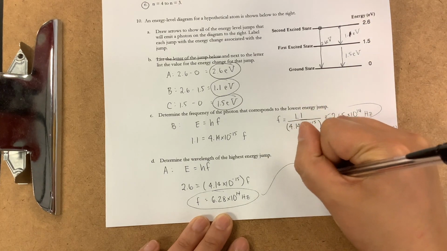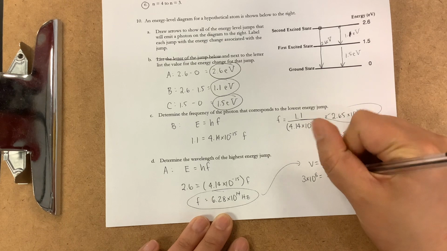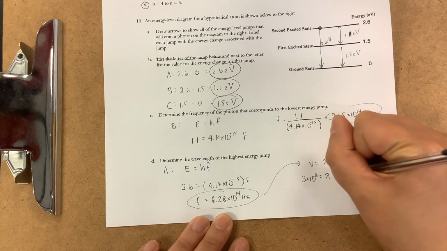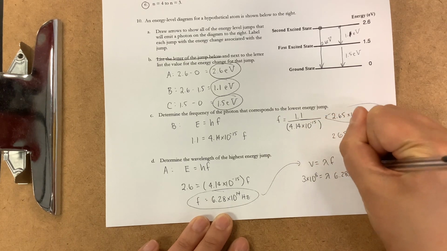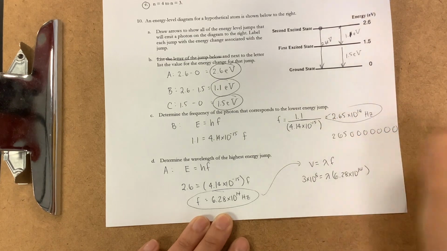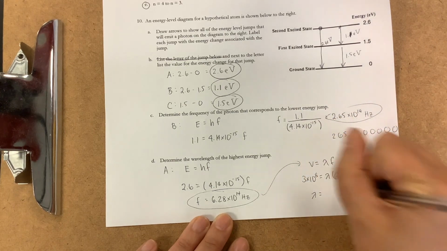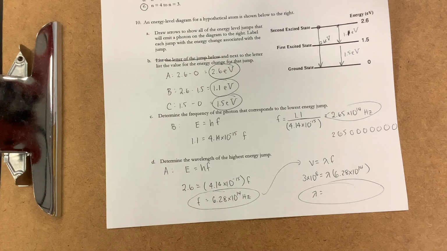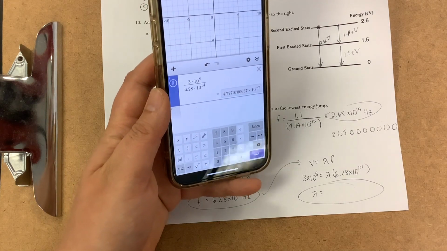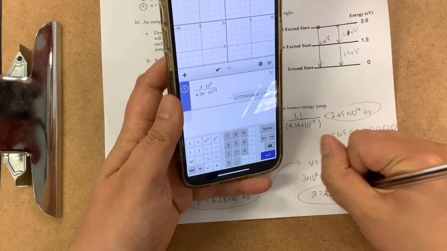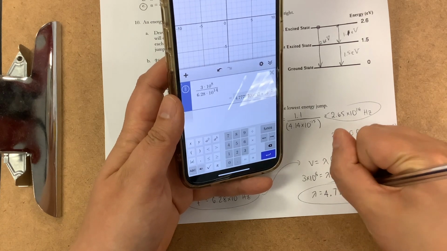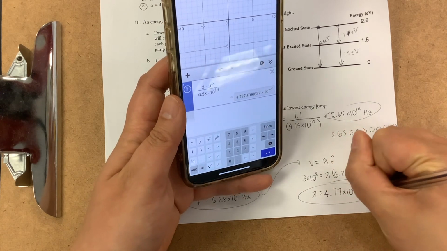Right, this is a light, so it travels at the speed of light. So we're going to need to divide by this big old frequency, dividing by that number on both sides to get our wavelength. A check should be the wavelengths of light should be very small. This is 4.77 times 10 to the negative 7th meters.